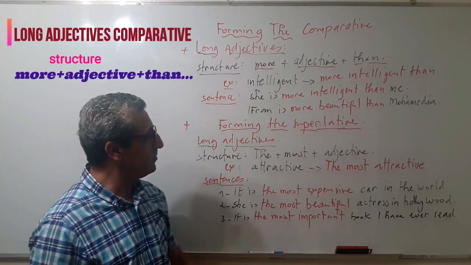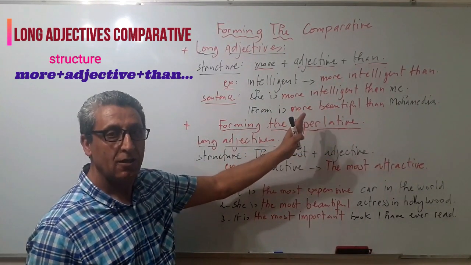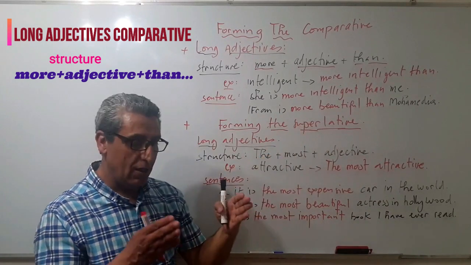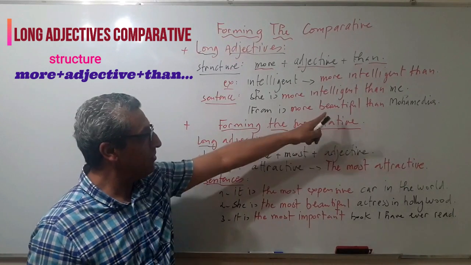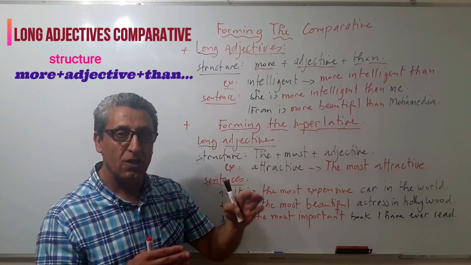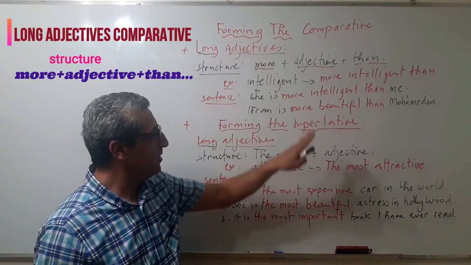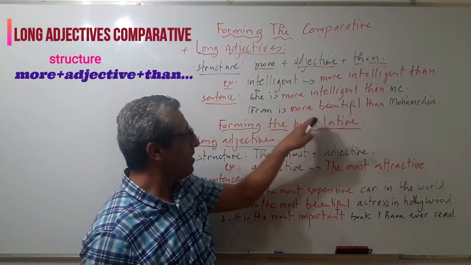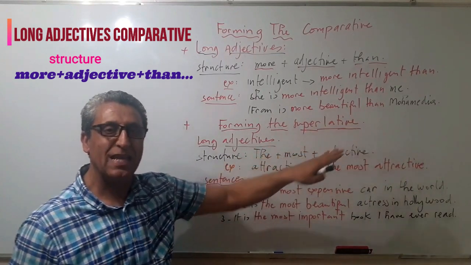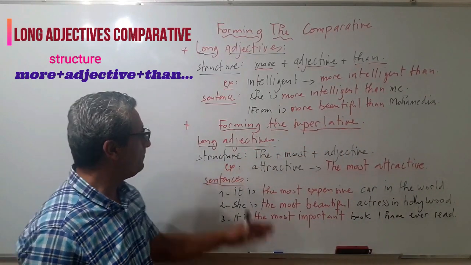Notice here with long adjectives we do not alter the morphology of the word. So beautiful remains beautiful. All we have to do is add more and than. More beautiful than. This is how we do with long adjectives.